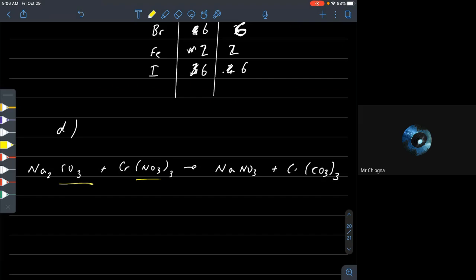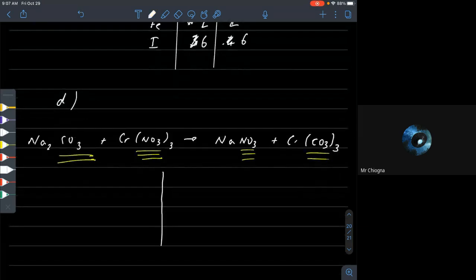You have to make sure they're on both sides. The carbonate's here, it's also here. Check. You also have to check for the nitrate. It's here, and it's here. Which means I can make a list. Instead of separating the carbon and the oxygen, I can write CO3 and I can write NO3. This makes it faster. So it's just a matter of counting ions.